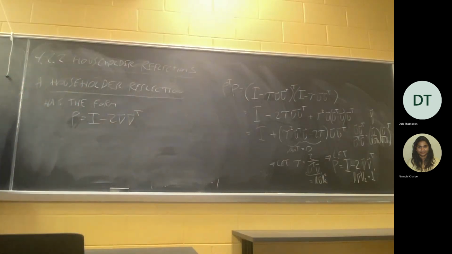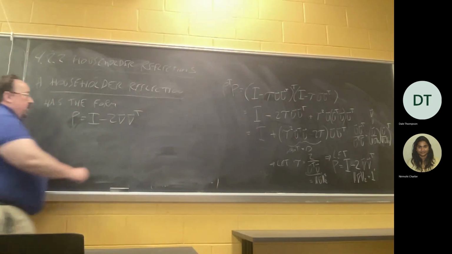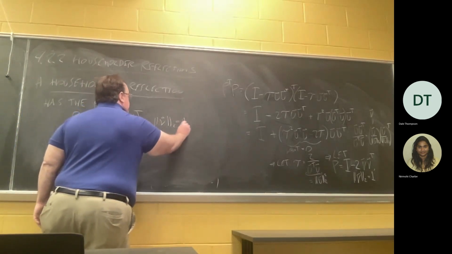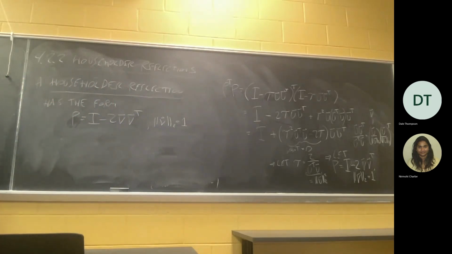Any matrix of this form, identity minus 2 VV transpose, where we assume that V is a unit vector in a 2 norm sense, is a Householder reflection.